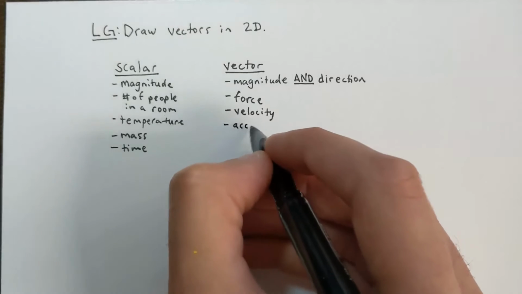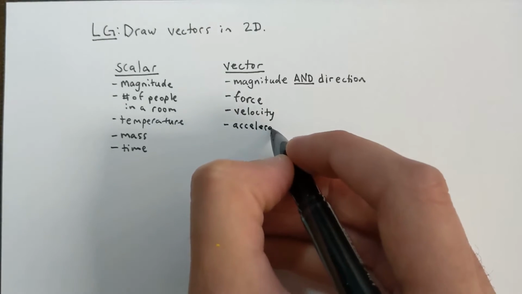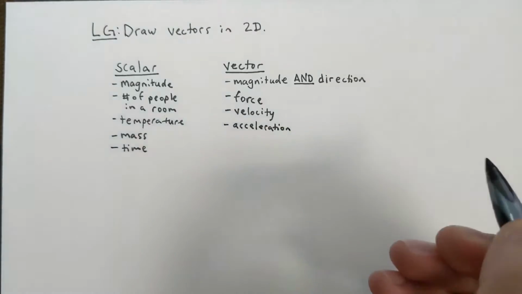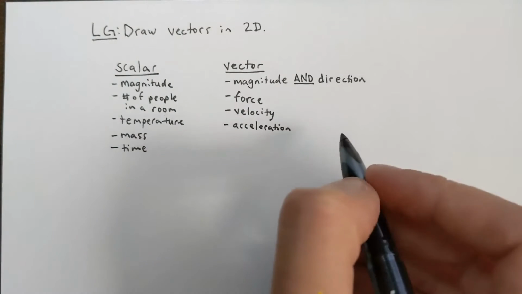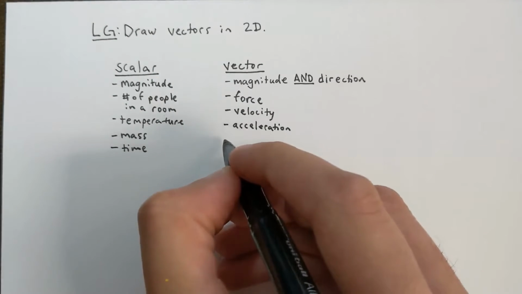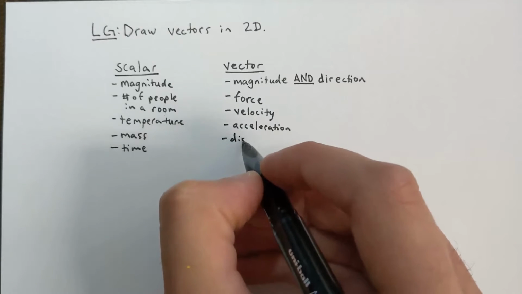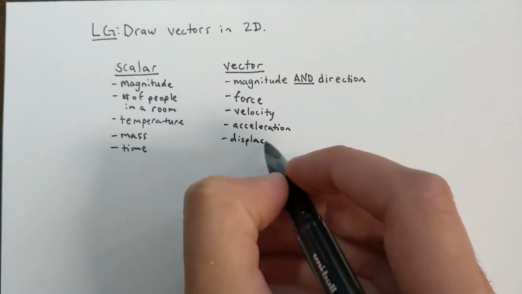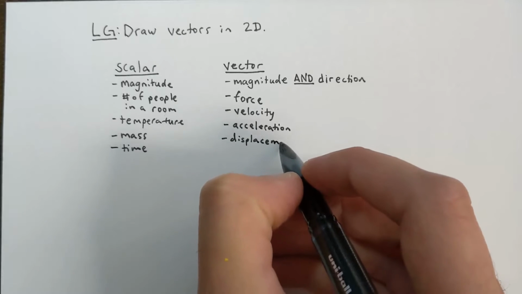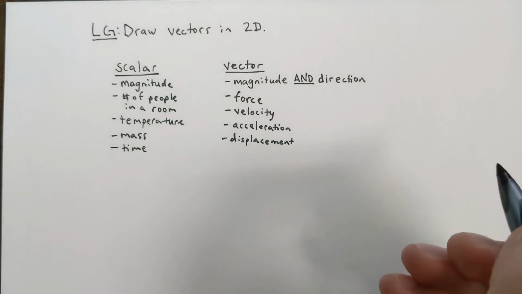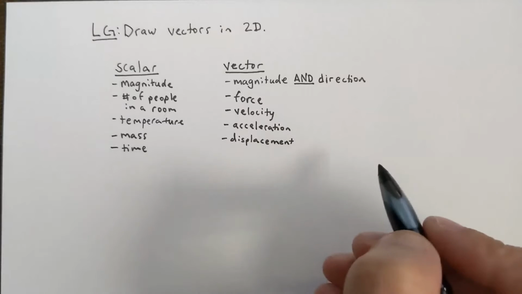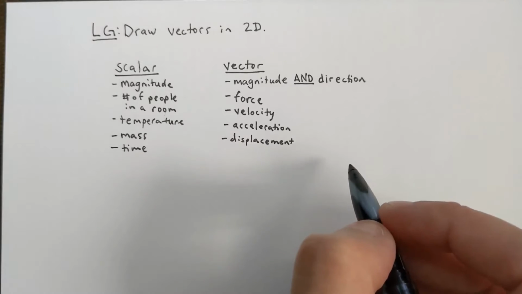Accelerations are vectors, how quickly the velocity is changing and in which direction it's changing. The displacement of an object is also a vector quantity. So displacement is how far an object moved from its initial position and in which direction it moved.